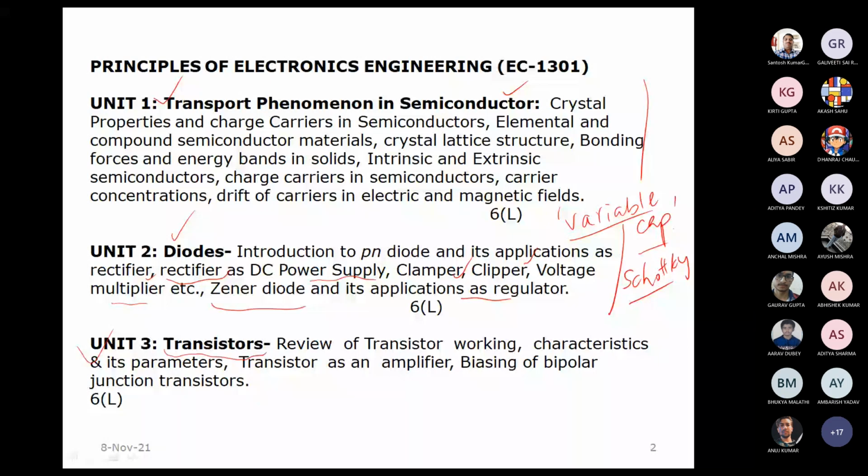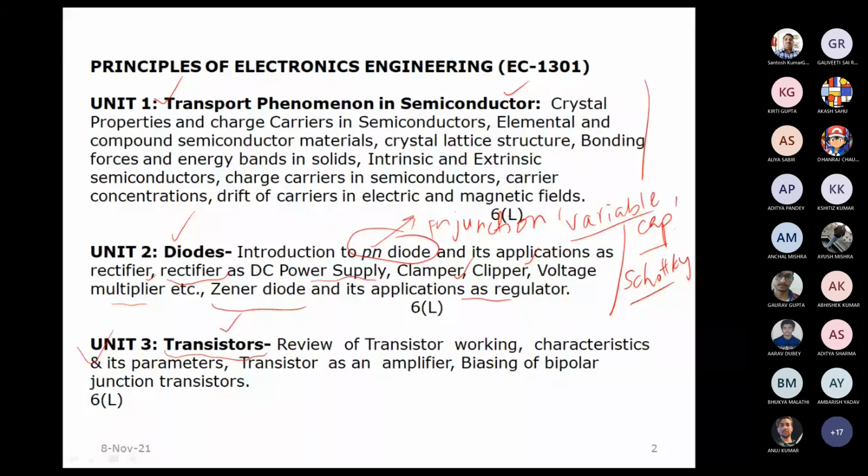After that, one more topic to be covered here is transistors. These are the old transistors, which use two junctions, PN junctions. The PN diode is also called a PN junction. A diode is nothing but a single PN junction, whereas the transistor, which we will try to understand, is going to have two PN junctions.